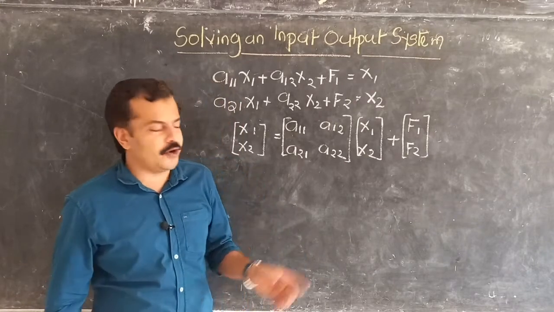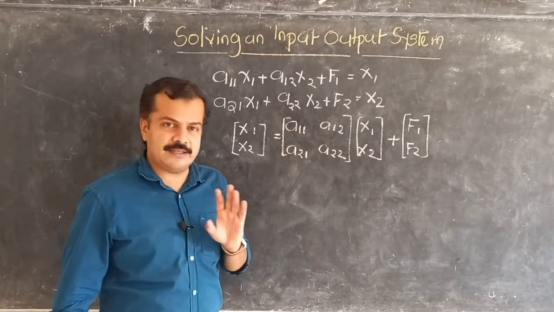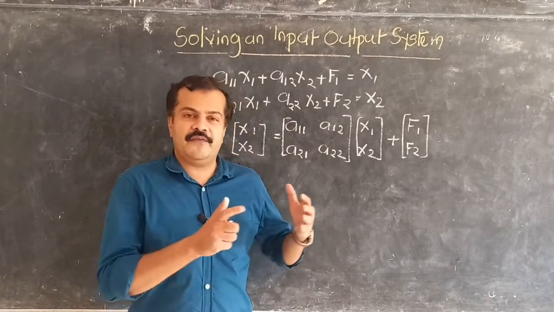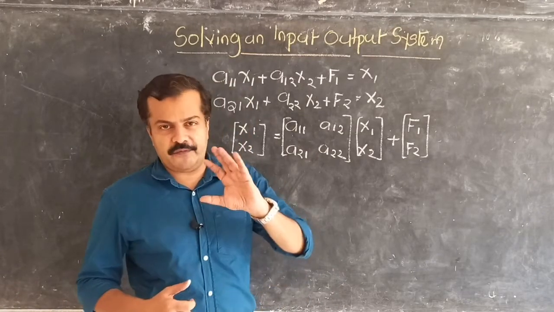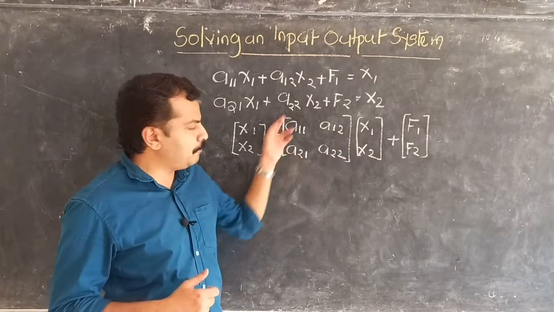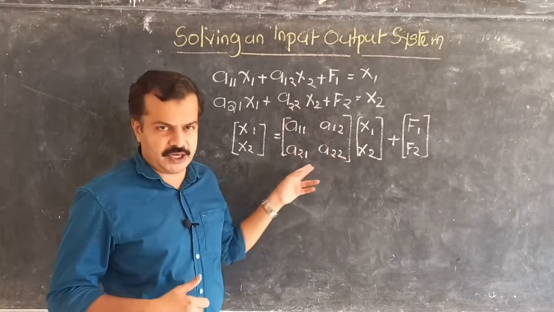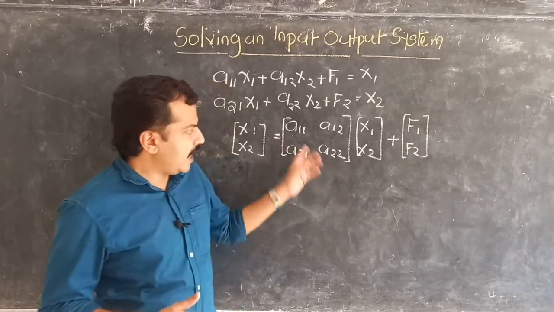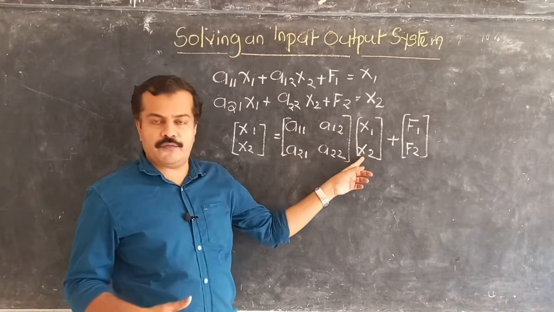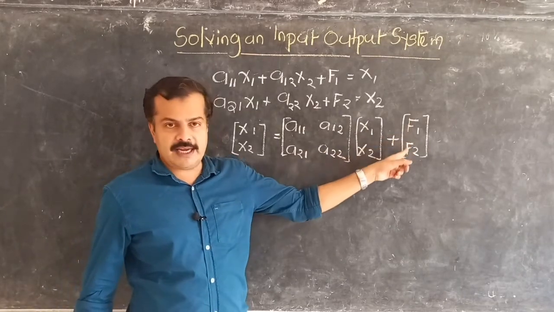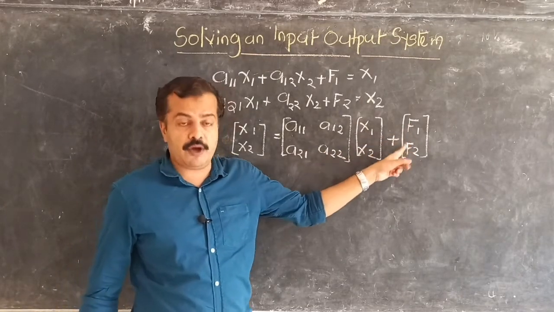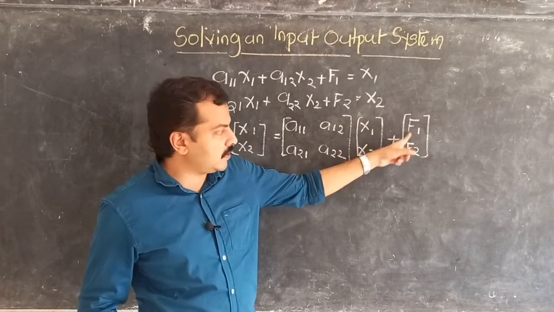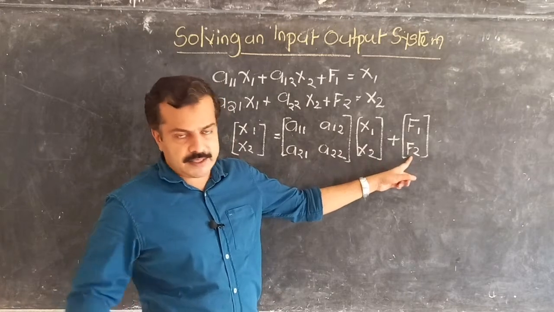As per the assumption of the model, these are fixed because we are following a production function which is fixed proportion in nature. And we have a vector of gross output plus F1 and F2, a final demand vector, where F1 is the final demand for the first sector and F2 is the final demand for the second sector.